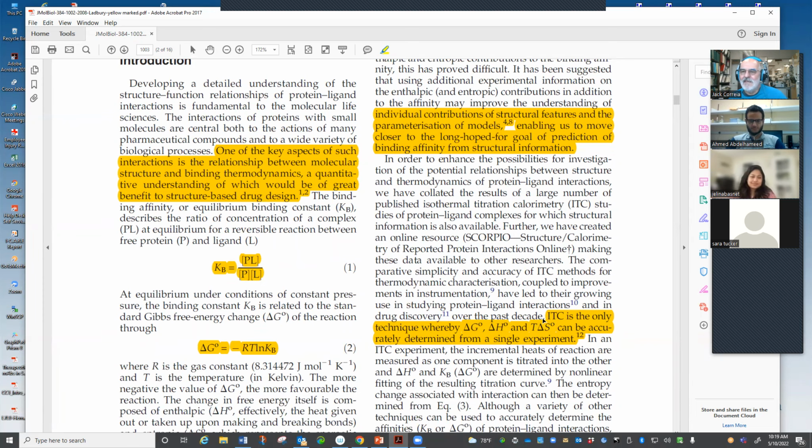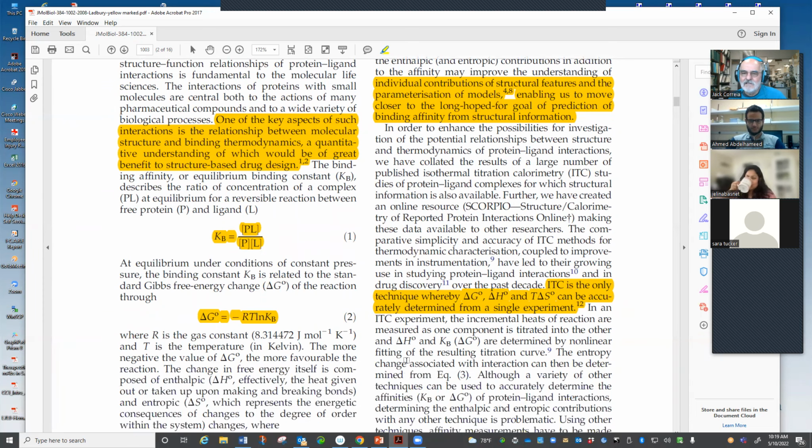Anyway, and so the ITC data is the only technique whereby delta G, delta H, delta S can be accurately determined from a single experiment. And the single experiment literally is, I do one titration experiment and I get delta H, and because it's a titration, I get the transition that occurs and I get K. Boom, one temperature.